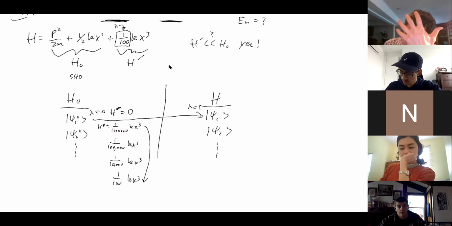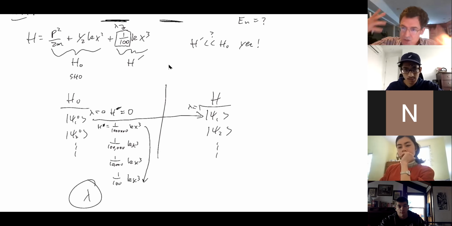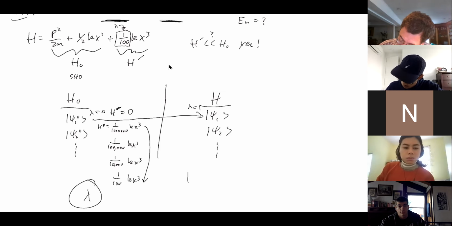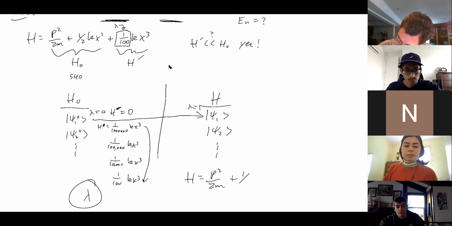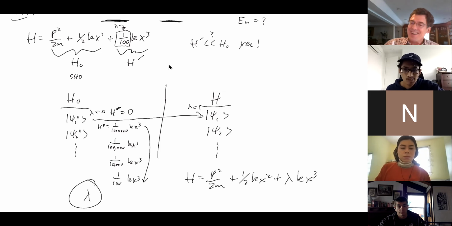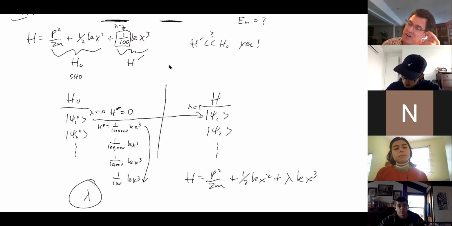There should be some variable lambda such that if I solved it for arbitrary lambda, I should be able to smoothly vary it. So what I'm basically trying to say is, if I solved instead for p squared over 2m plus 1/2 kx squared plus lambda kx cubed, then I should be able to smoothly vary lambda from 1/1,000,000th to 1/100th.